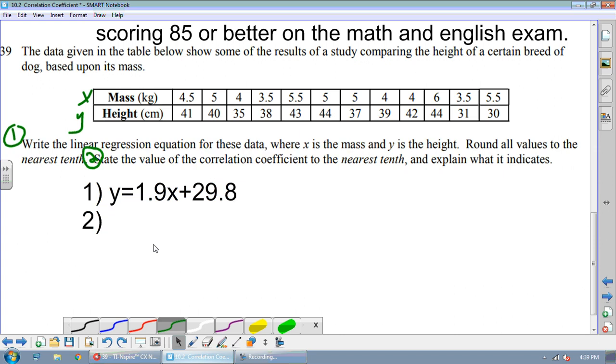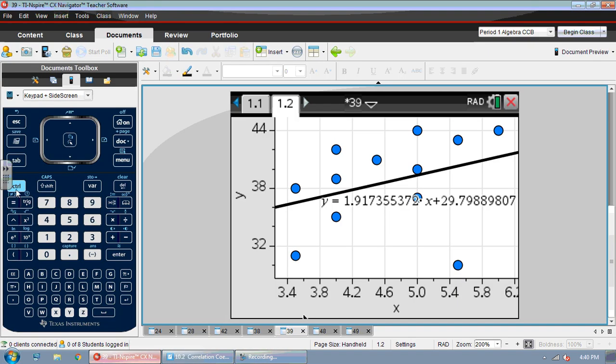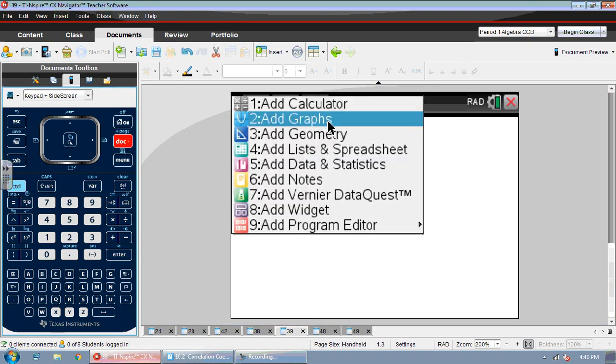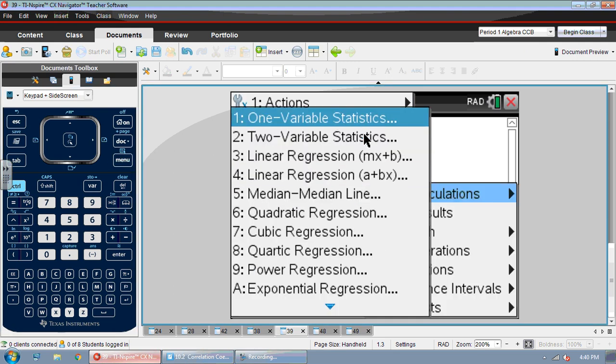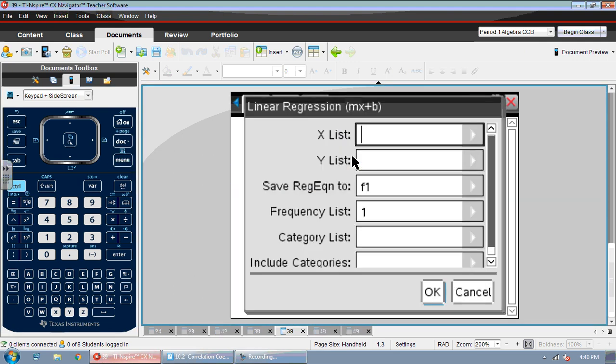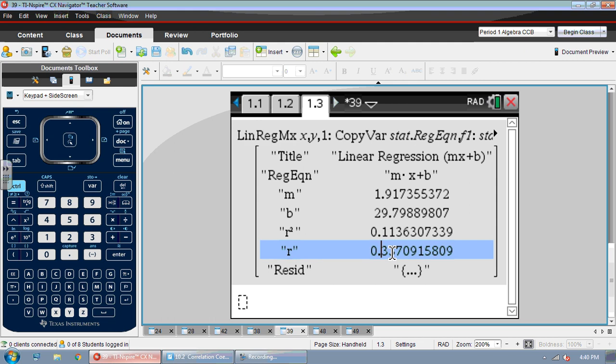Part 2, state the value of the correlation coefficient to the nearest tenth and explain what it indicates. Well, if you remember those graphs from the first page, one of the graphs looked kind of spread out, and this one kind of looks spread out, so we can kind of already tell what the answer is going to be. But we do need that correlation coefficient in a calculator page, Menu, Statistics, Stat Calculations, Linear Regression, X on there, Y on there, and here's our R value.